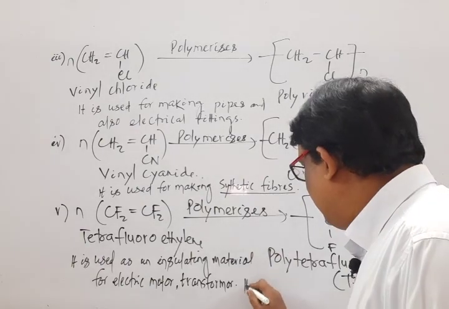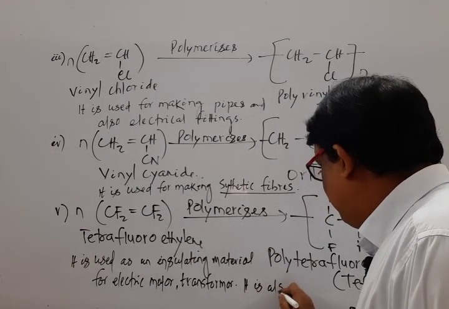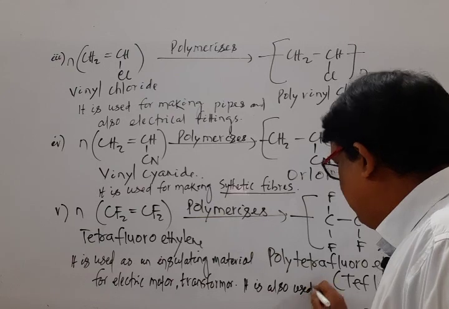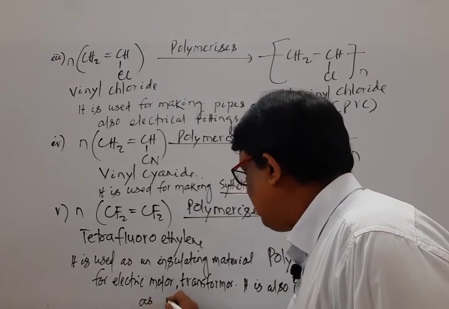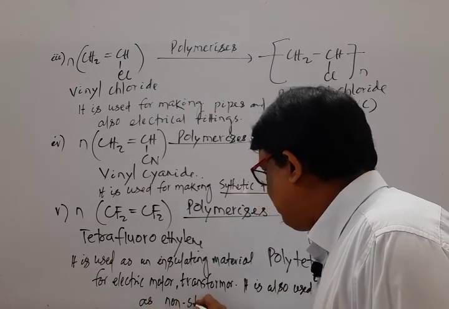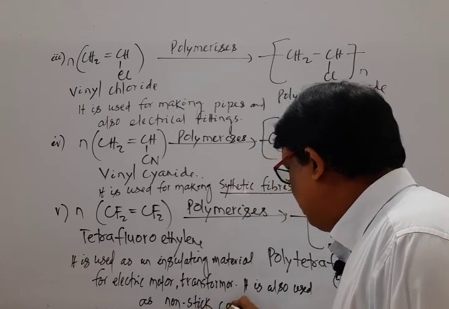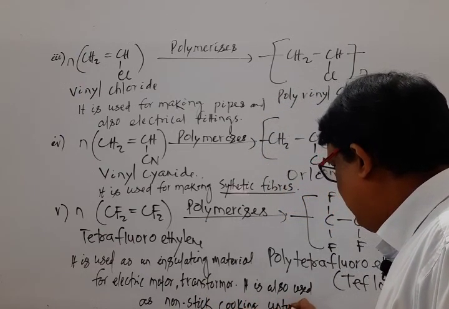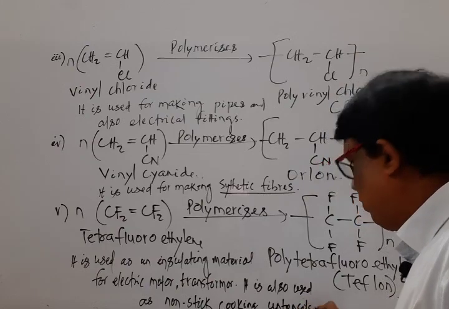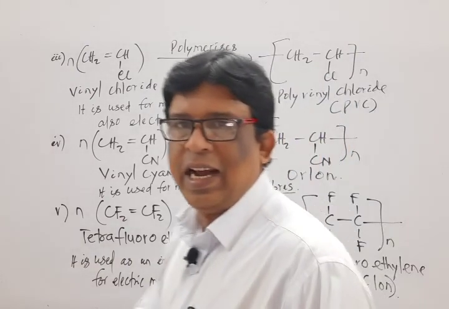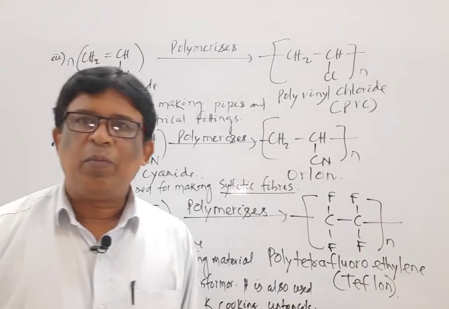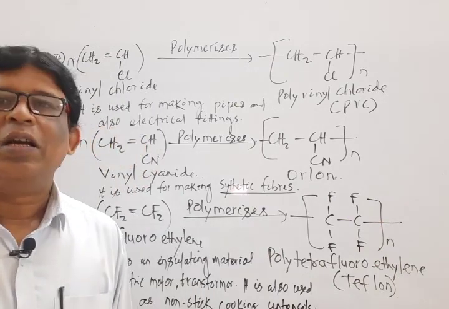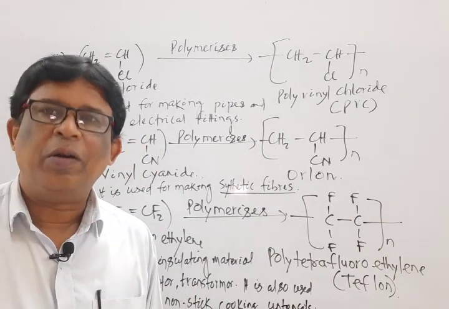Note down, it is also used as non-stick cooking utensil. Okay, it is a little idea about the polymerization and also the chemical property of the alkene.